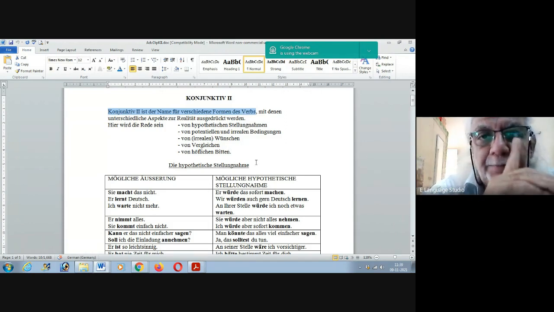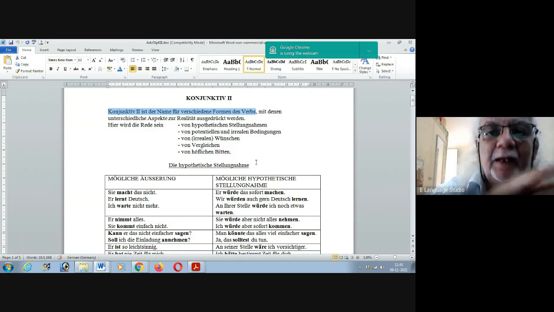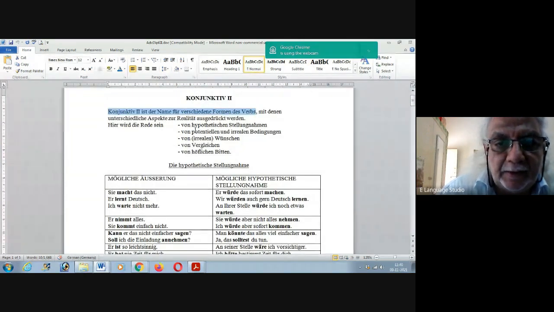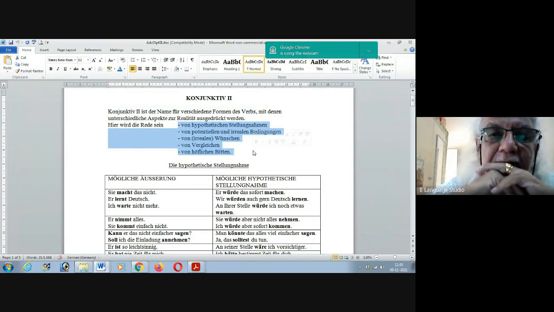Only the verb here changes in form. Mit denen unterschiedliche Aspekte zur Realität ausgedrückt werden. And what is this Realität stuff? There are 5 possibilities. Es gibt hier 5 Möglichkeiten.